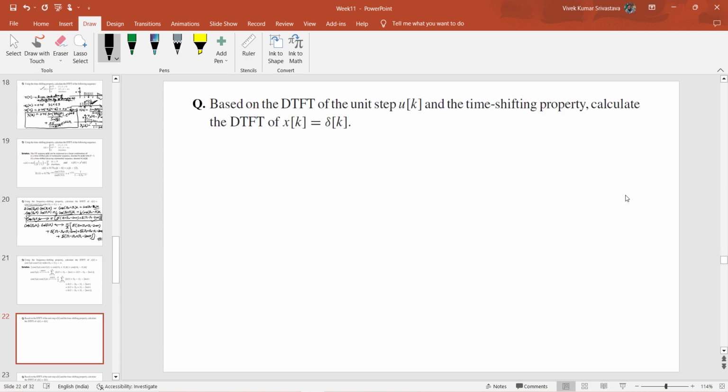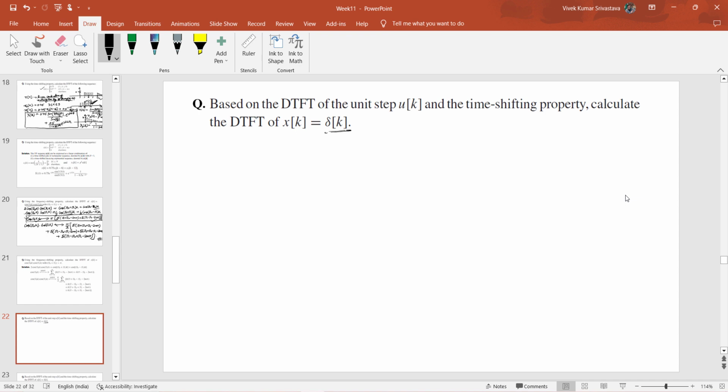So now moving ahead. The next problem is based on the discrete time Fourier transform of the unit step and the time shifting property. Calculate the discrete time Fourier transform of x of k equals the delta function.